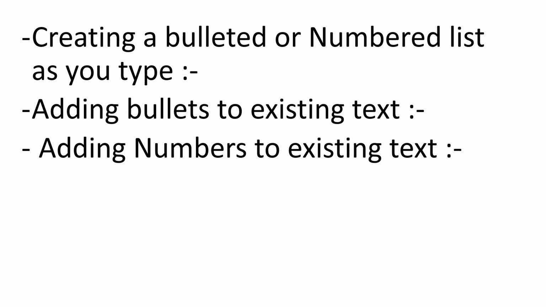Now we will see how to create a bulleted or numbered list as you type. Then we are going to see about adding bullets and numbers to an existing list. We will see first how to add bullets or numbers while you type, and also how to add bullets or numbers after creating the list.